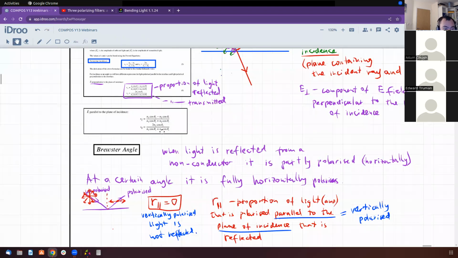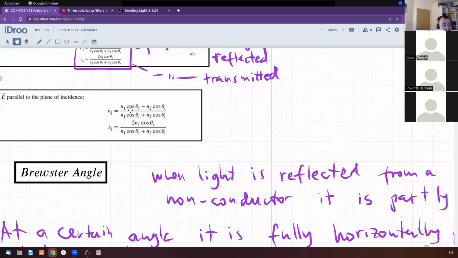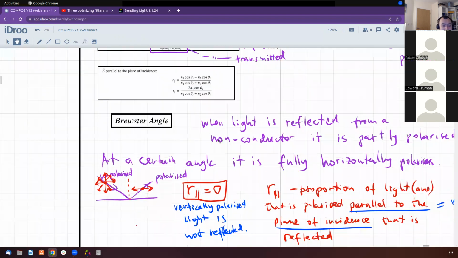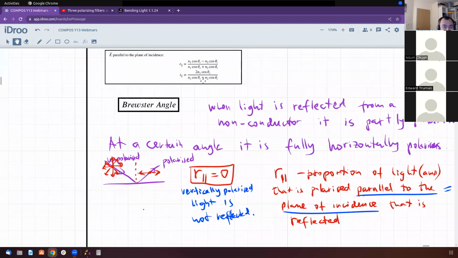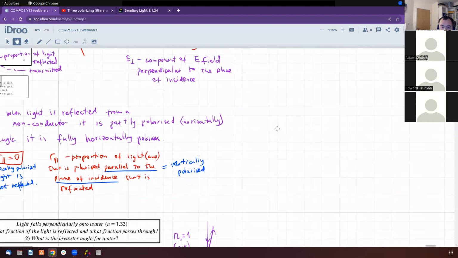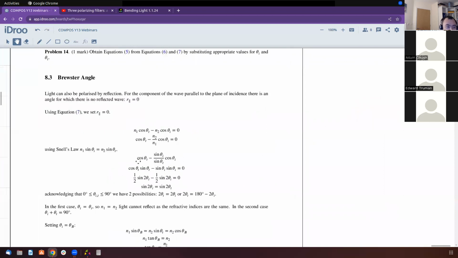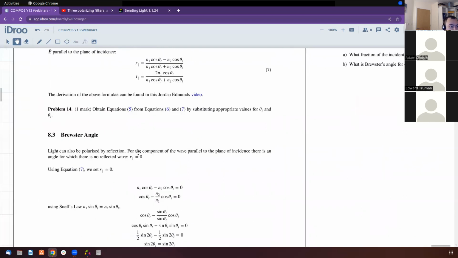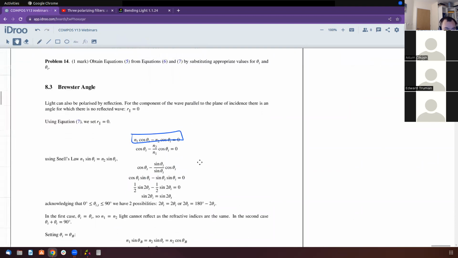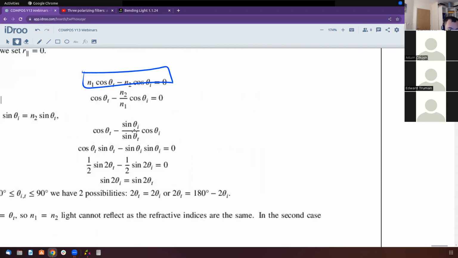Okay, now if we substitute that into here, and well, there's an explanation here. You substitute, you make this equal to 0. That leads to this, and then you replace that.